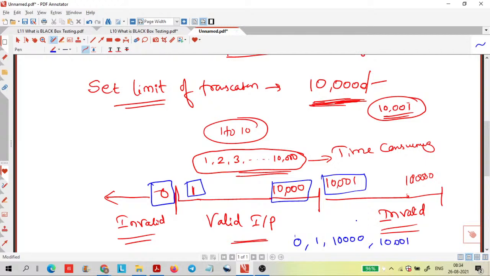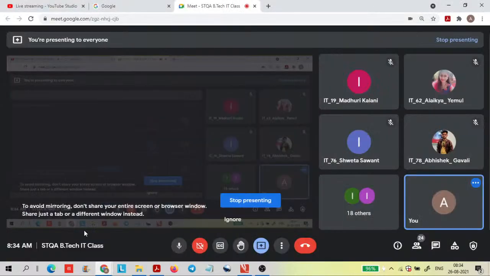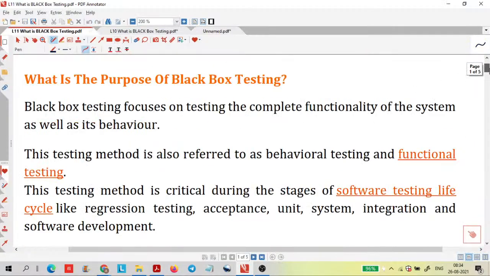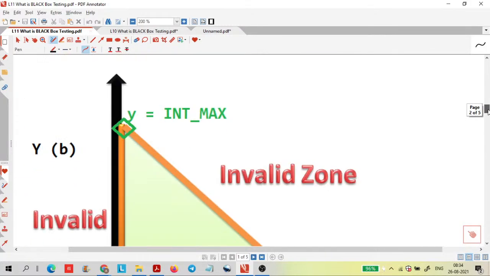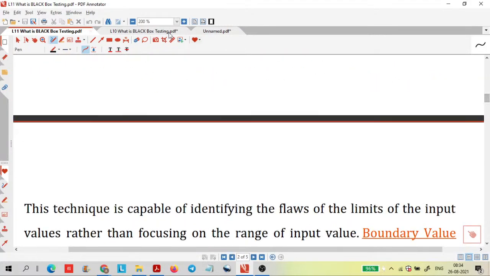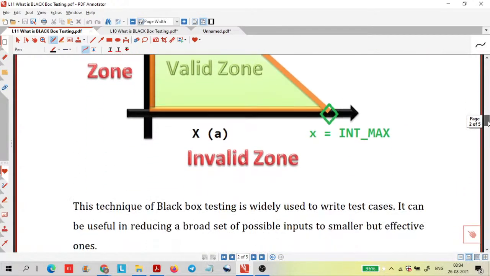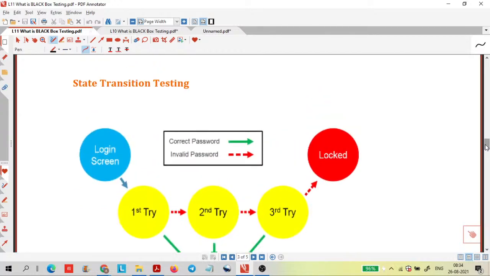We provide these inputs, these boundary values, and test the application. These are some examples only, of equivalence class partitioning.